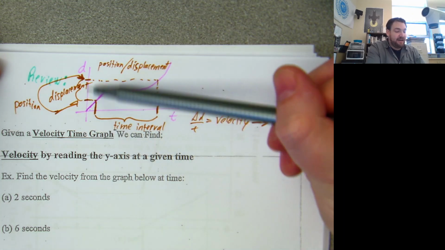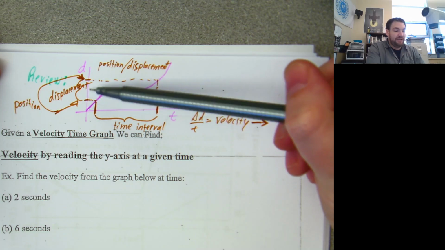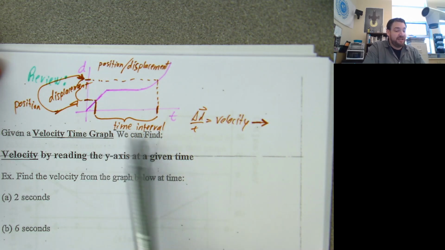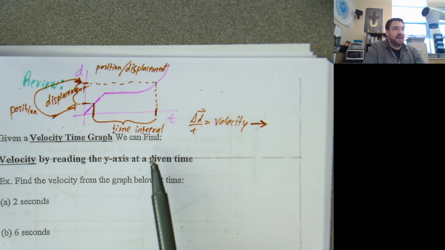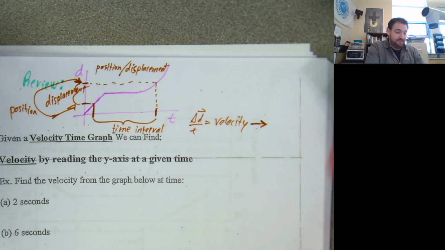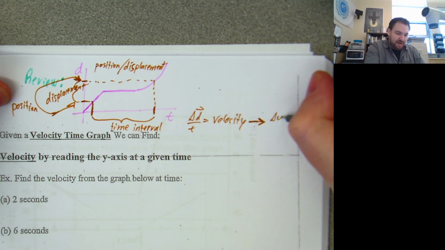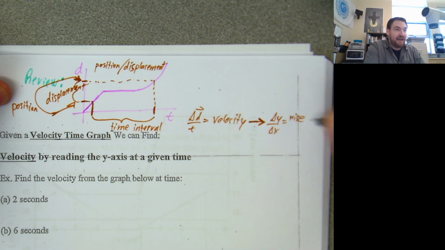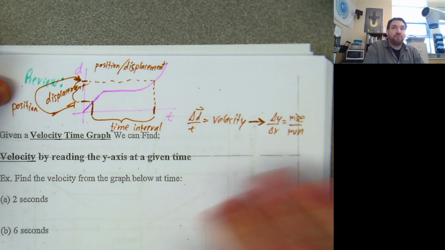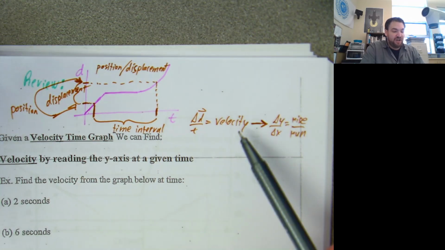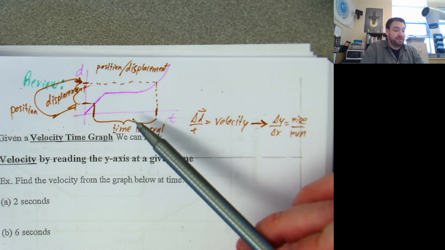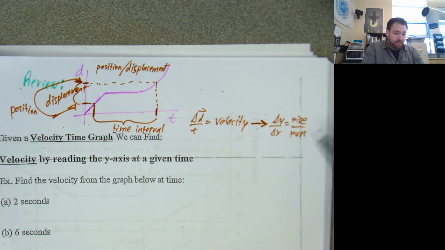If I look at a change in y divided by a change in x, what concept is that? A change in y over a change in x is equal to a rise, how far you're moving vertically, divided by a run, how far you're moving horizontally. To find velocity on a graph like this, what are we using? The slope.